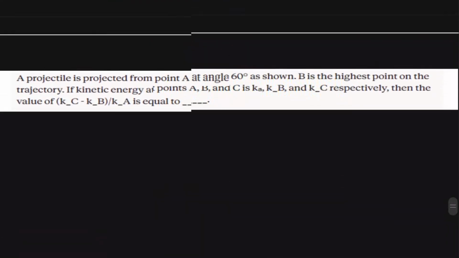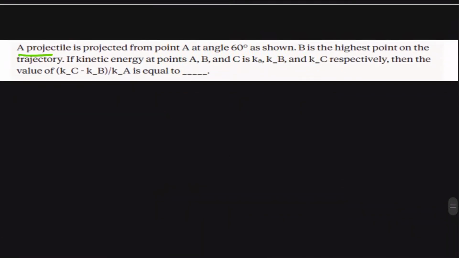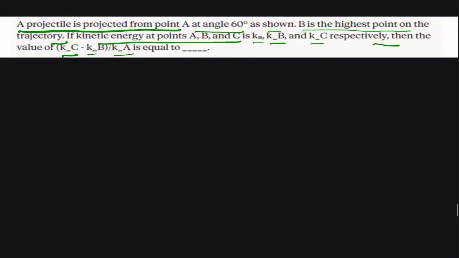It states that a projectile is projected from point A at an angle of 60 degrees as shown. B is the highest point on the trajectory. If the kinetic energies at points A, B and C are Ka, Kb and Kc respectively, then (Kc minus Kb) upon Ka is equal to what? The basic figure is given to us. So we have a projectile.